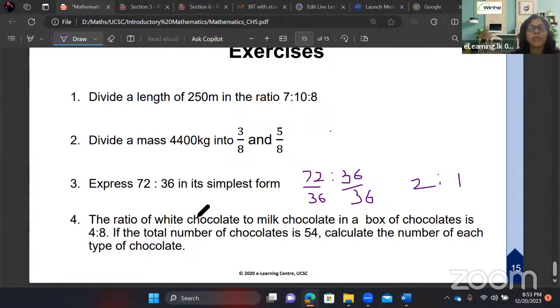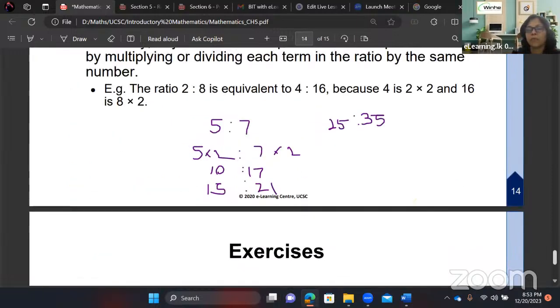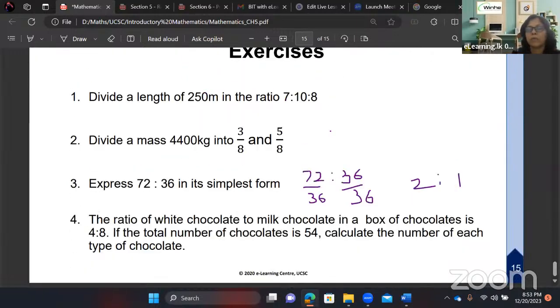First, what should we do? First find the total number of parts. The ratio was given, so 8 plus 4 is 12. Right.